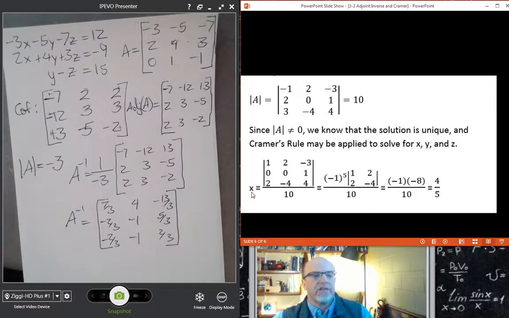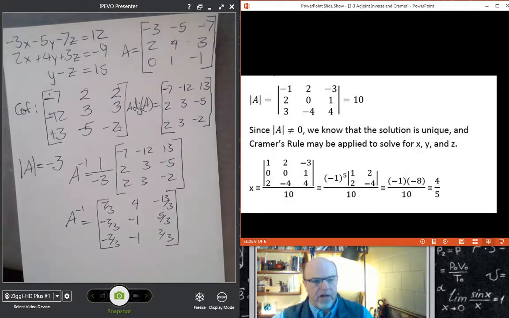And then to calculate the value of z, you would replace the third column with 1, 0, 2 and calculate the value of z. This is kind of a cool deal using Cramer's rule, because you can individually calculate the values of x, y, and z.